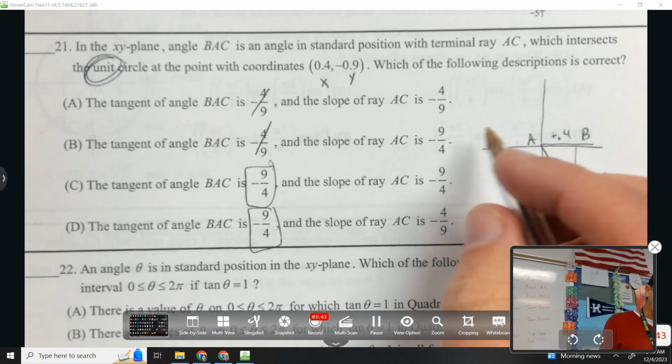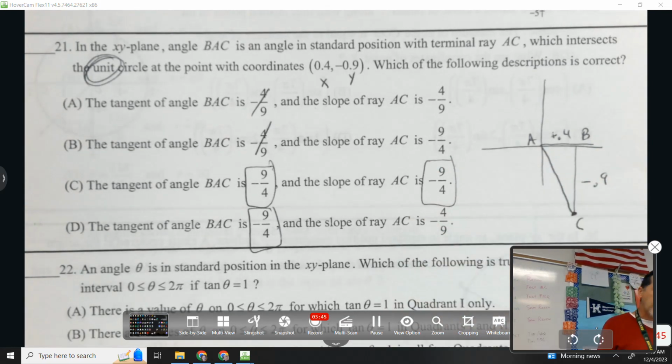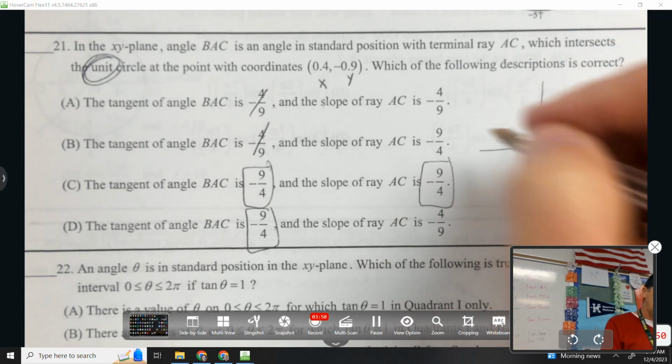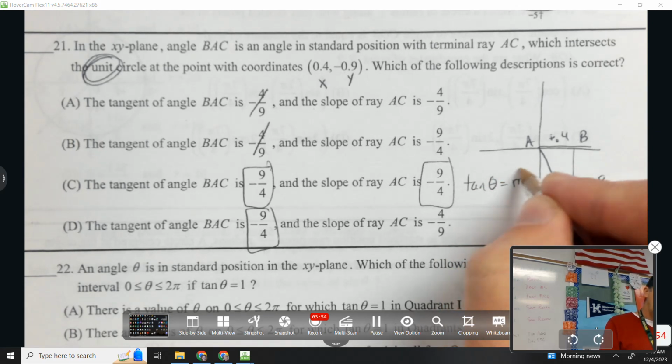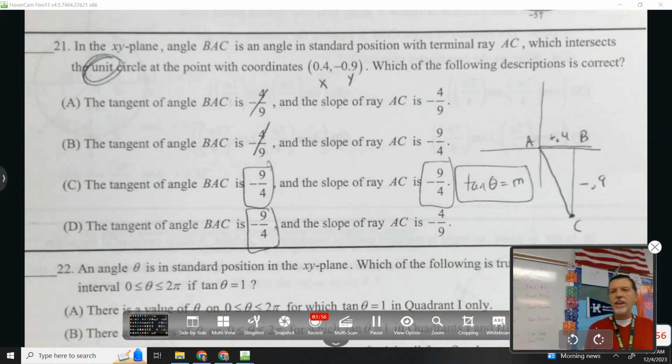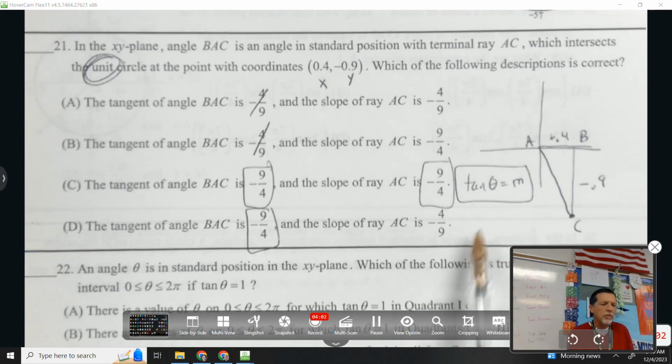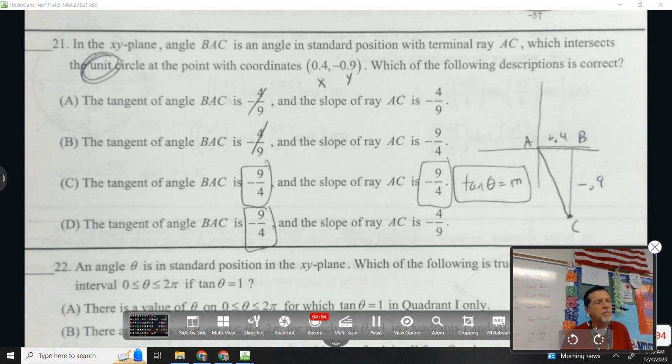So that's also negative 9/4. It turns out that the tangent of the angle is also the slope of the angle, or the slope of the line going through the point. We didn't really talk about that because it happens kind of automatically.